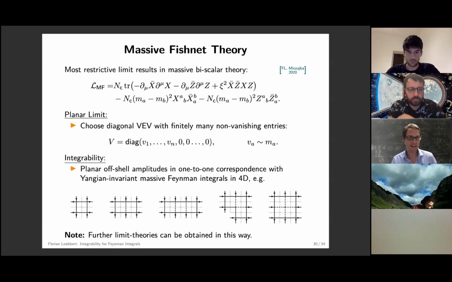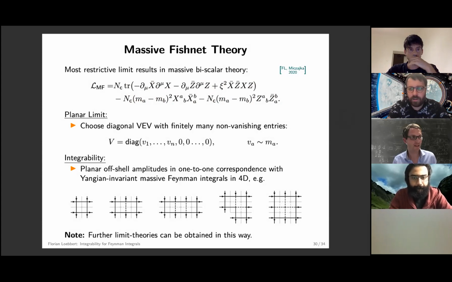In the simplest case, this leads to exactly a theory that we like because it has this difference mass structure. It still has this 4-point vertex. So you see the first line is really just the massless Fishnet theory. And now we add these difference mass propagators for the fields X and Z.